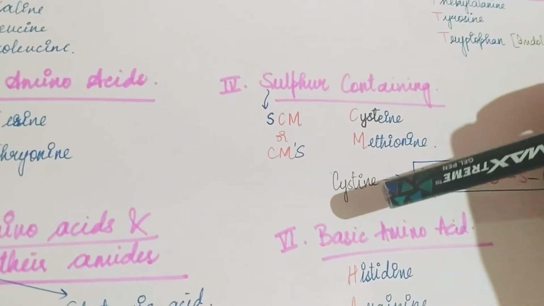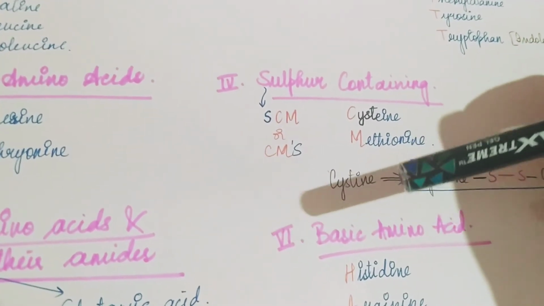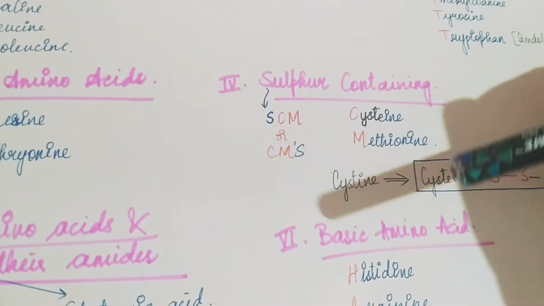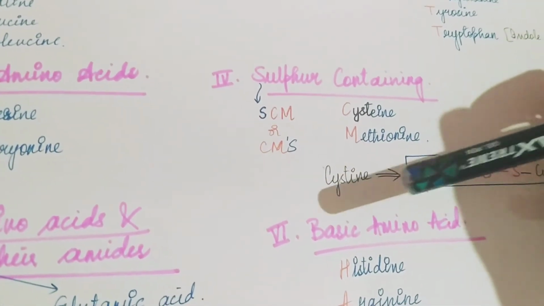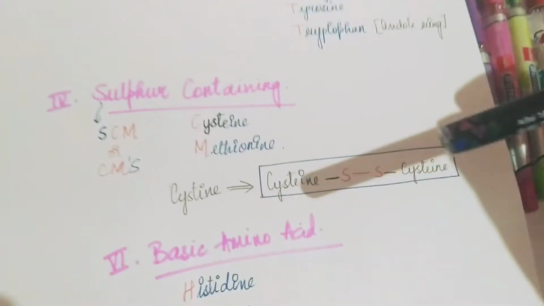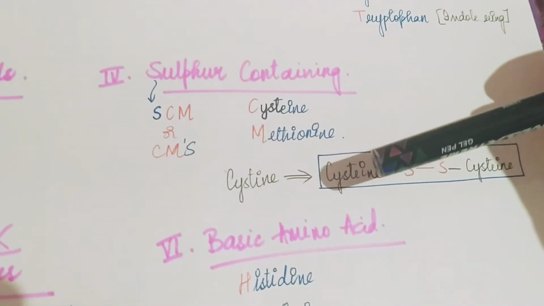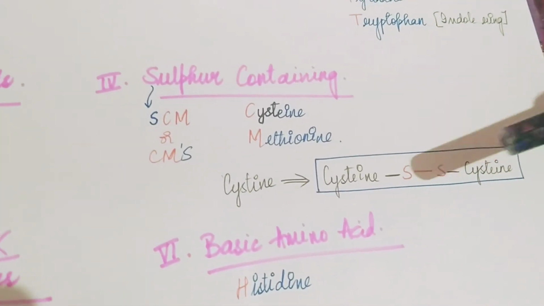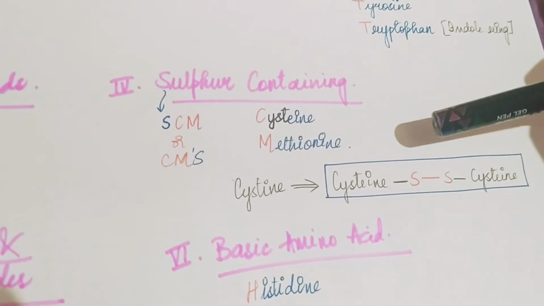You might have heard of cystine, right? Cystine is nothing but a molecule in which 2 molecules of cysteine are bound by a disulfide linkage.